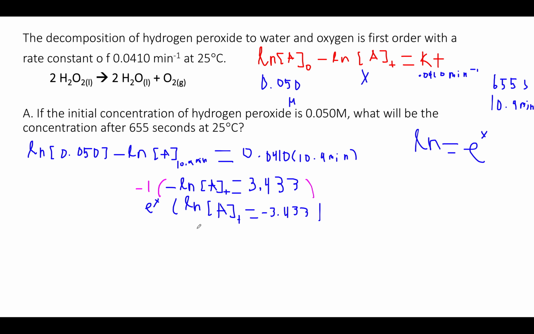So what I get is that x would equal e to the negative 3.433 power, undoing the natural log. So now I get that my concentration, or my x here, at the time specified, the 10.9 minutes, equals 0.0320 molar.